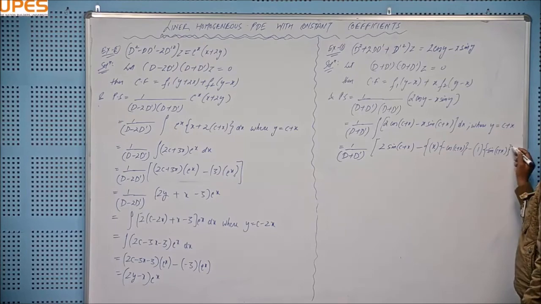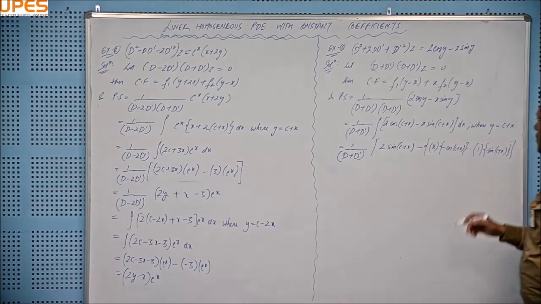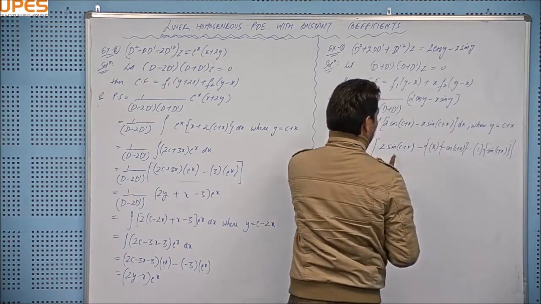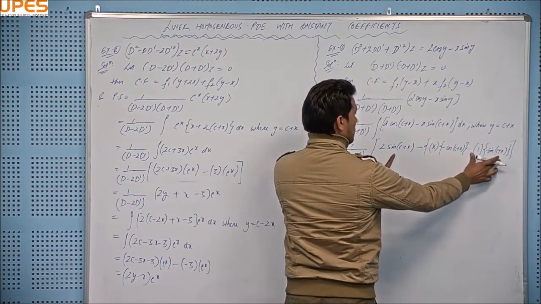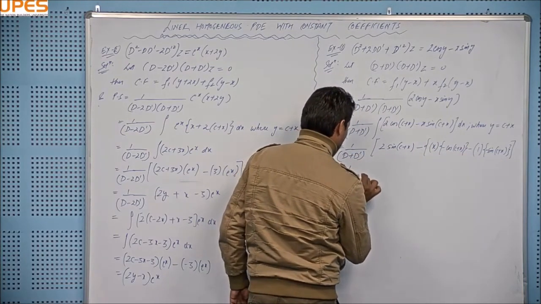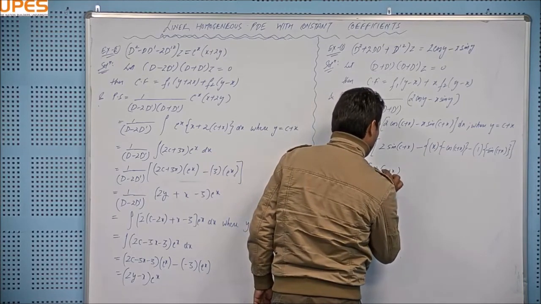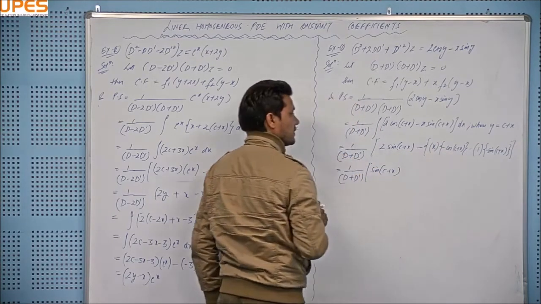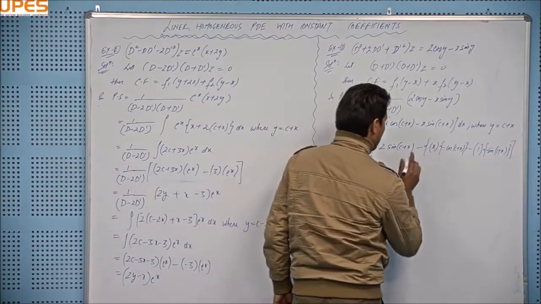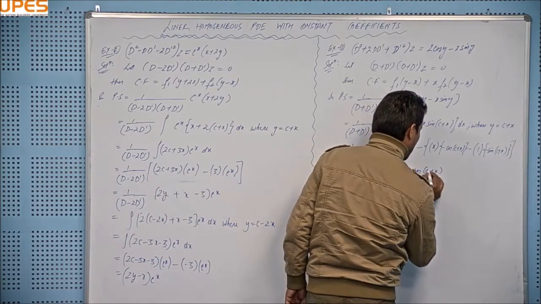Done. Then solving it, 2 sin(c plus x) plus minus, ultimately it will be sin(c plus x) on simplification, plus x cos(c plus x).